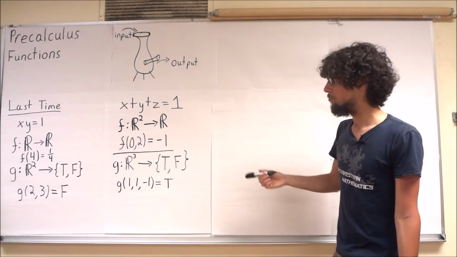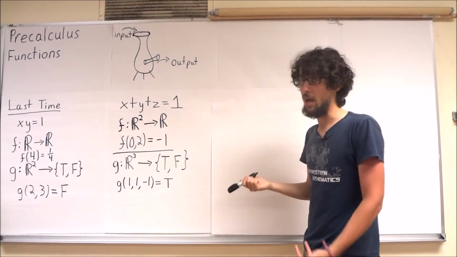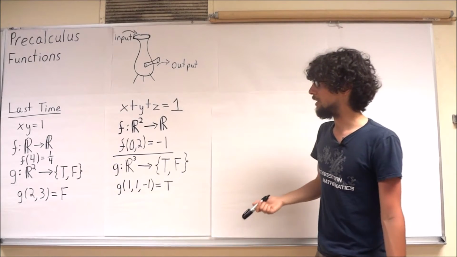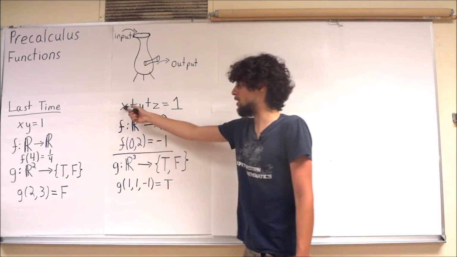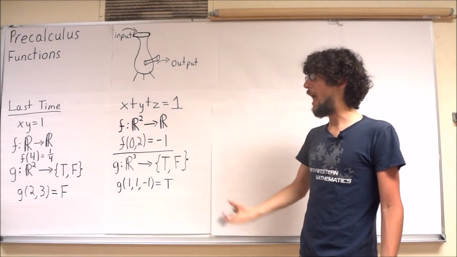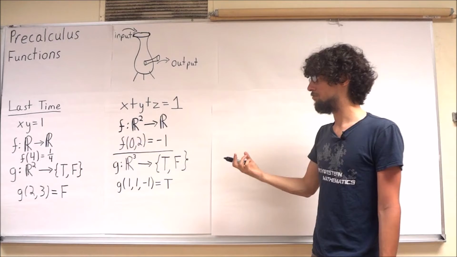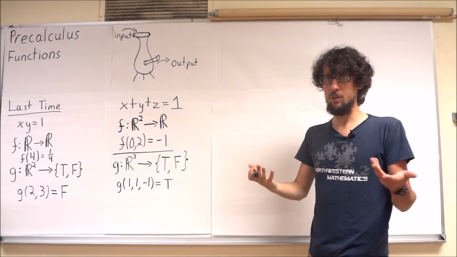If I input a z value of 0, I get the line x plus y equals 1. If I input a z value of 1, I get the line x plus y plus 1 equals 1. So for any input of z, I get some output of a line.